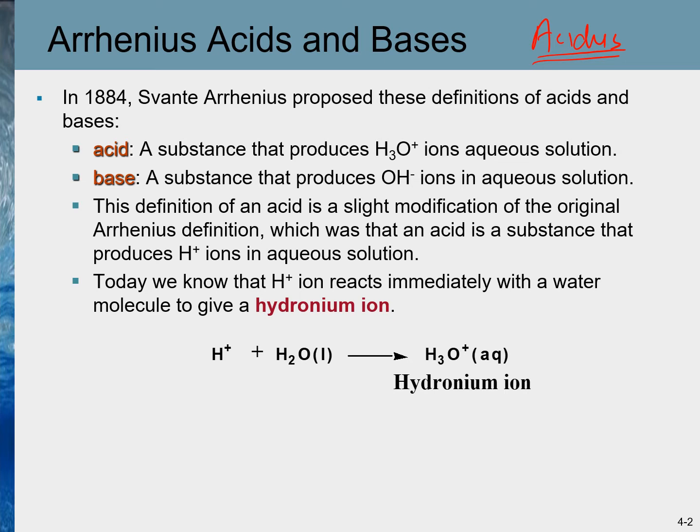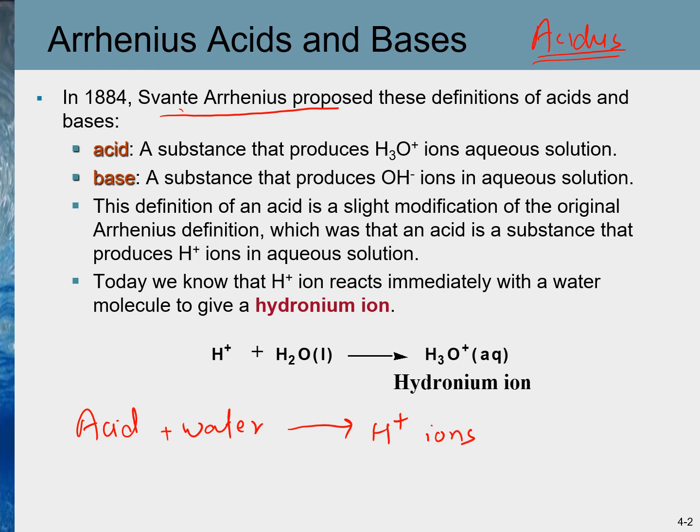The first useful definition of acids and bases was put forward by Svante Arrhenius. So this definition is known as the Arrhenius definition of acids and bases. According to Arrhenius, an acid is a substance which, when dissolved in water, will produce H positive ions.